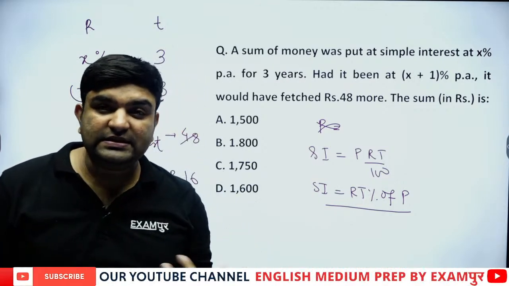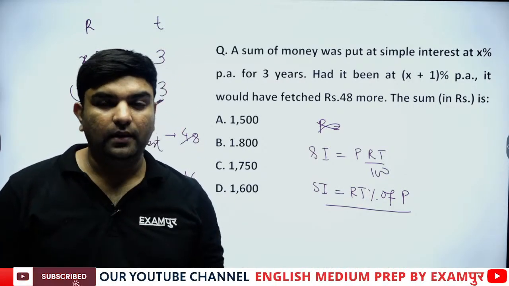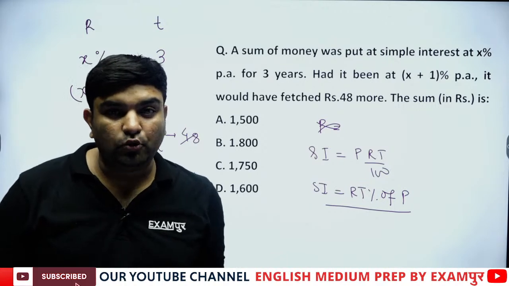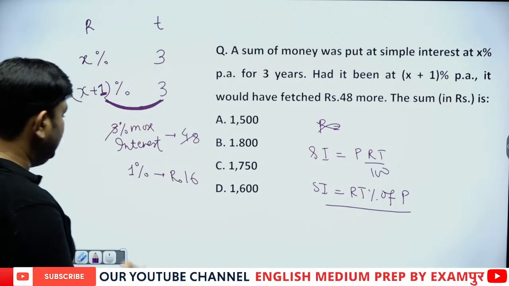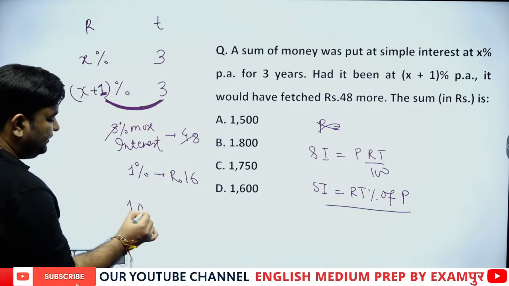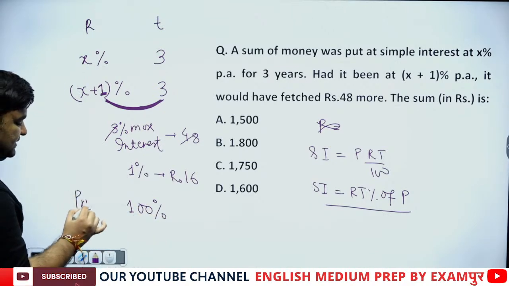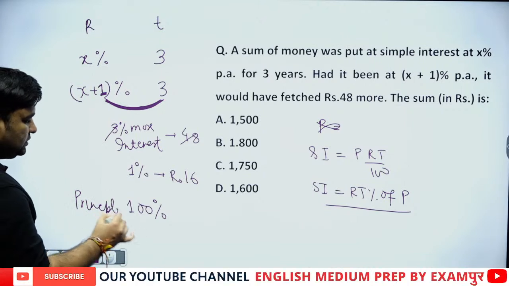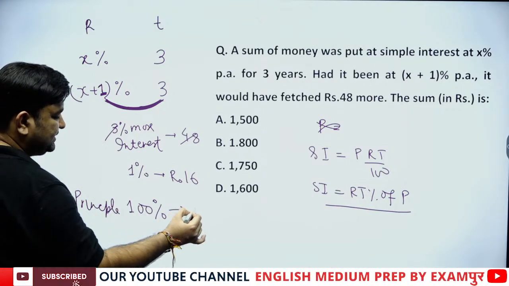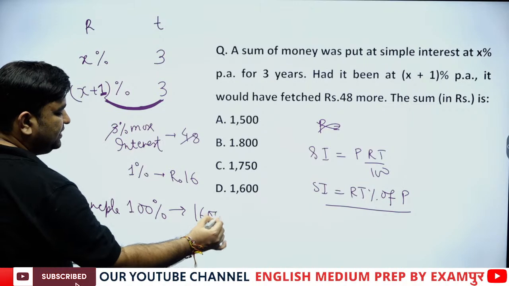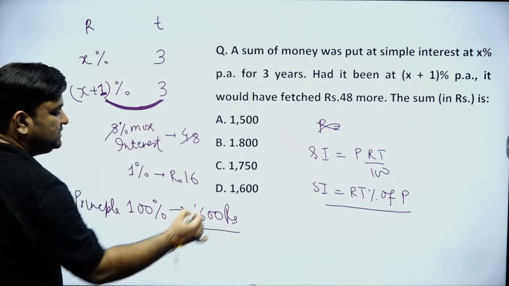Now, interest is calculated over principal. So 100% will represent the principal. If 1% is 16, 100% is 1600 rupees. Answer. Please do watch out.